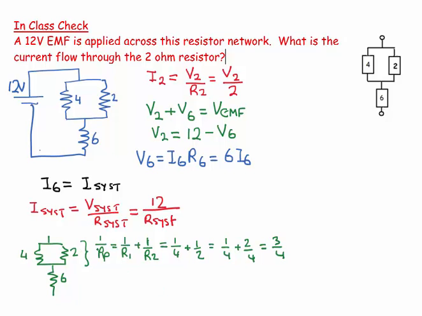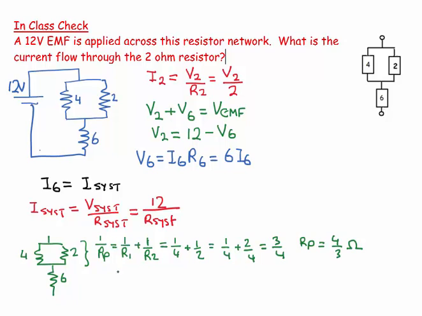Now here's the kicker. If you're not careful, if you're not writing complete sentences down, if you're doing this in your head, it's easy to forget that this is 1 over Rp. So Rp is actually equal to 4 over 3 ohms. You got to flip it.